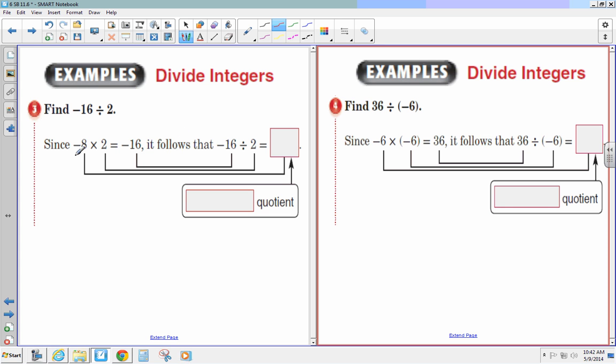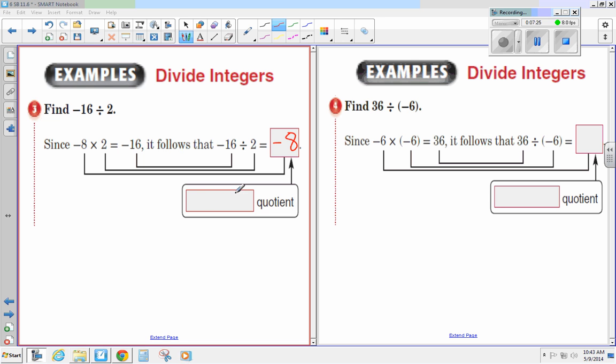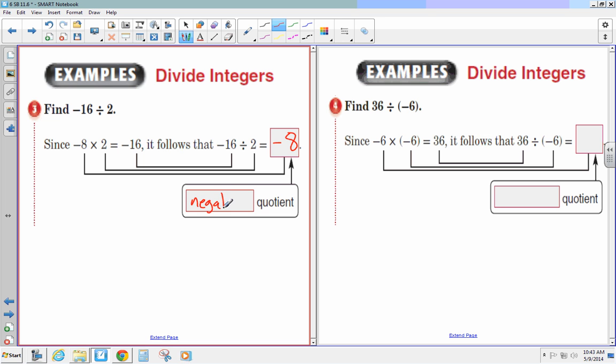All right, dividing integers, some more. Since negative 8 times 2 is negative 16, it follows that negative 16 divided by 2 is negative 8. And it's a negative quotient. So for this one, once you learn your multiplication tables, once you know your division tables, you should be able to do a lot better.